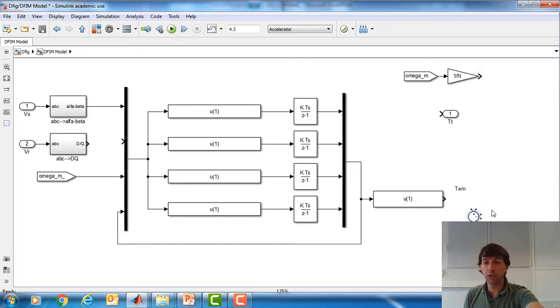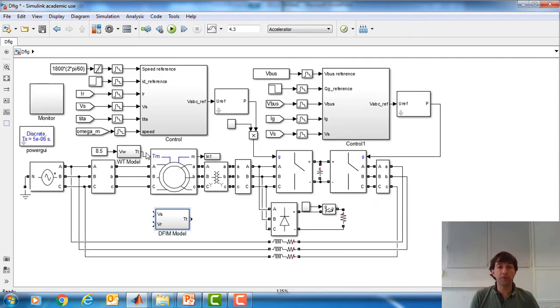Let's rotate, Control R, and let's take everything to the left. Here we will need the load torque. The load torque that is coming from outside in this application is going to be the wind turbine torque, the torque provided by the 3 blades.